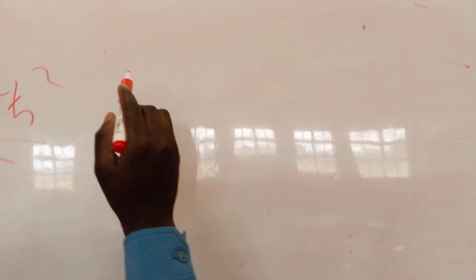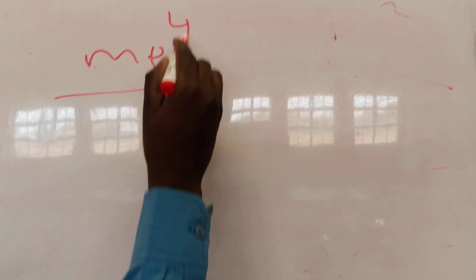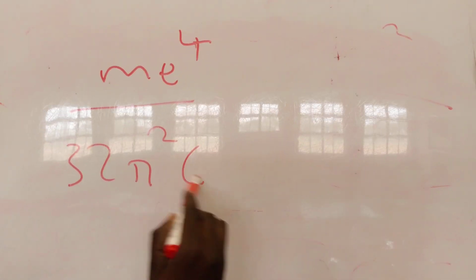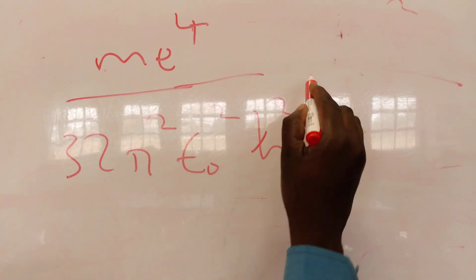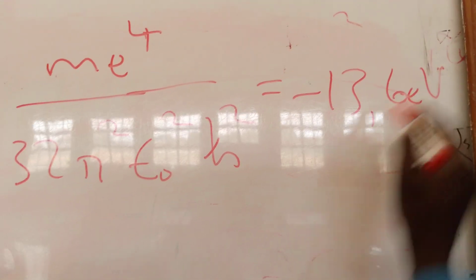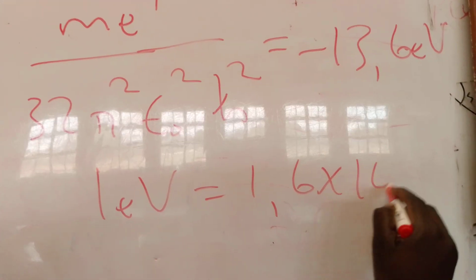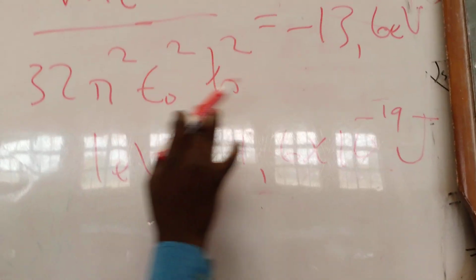This is because m e to the power 4 over 32 pi squared epsilon naught squared h bar squared, if properly calculated, should give you 13.6 electron volts. 1 electron volt is equal to 1.6 times 10 to the power minus 19 joules. So if you calculate this properly, it should give you this.